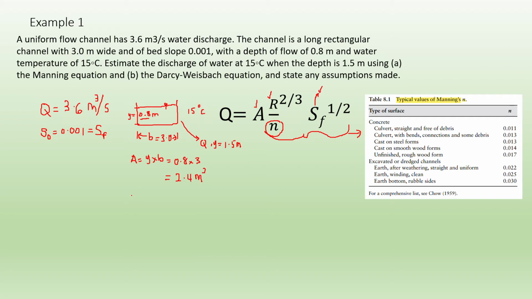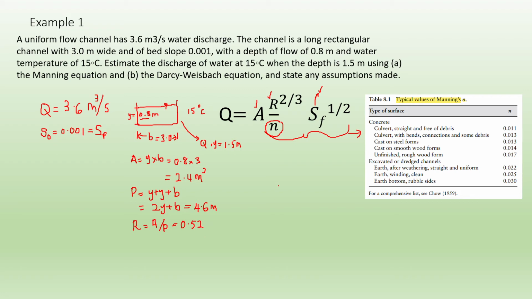Then we can find the wetted perimeter, which is 2y plus b, equal to 4.6 meter. Then we can find R, A over P, which equals 0.52.